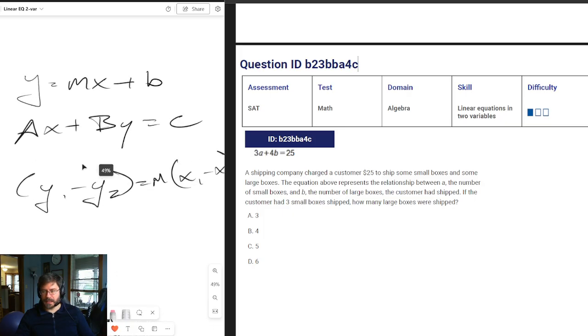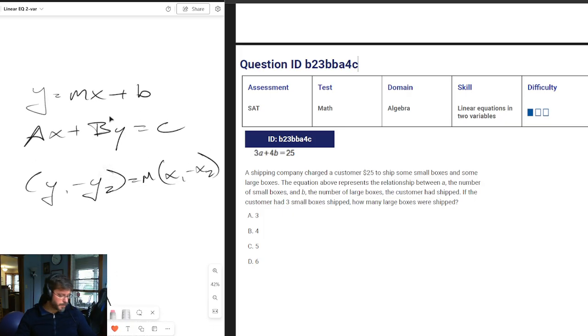Then we've also got our y-intercept at c over b, and we have our point-slope form, where m is still our slope, and then we have change in y and change in x. That is just the standard definition of slope in play there.